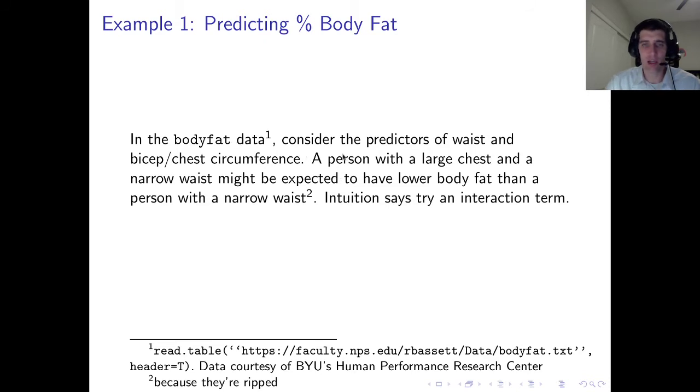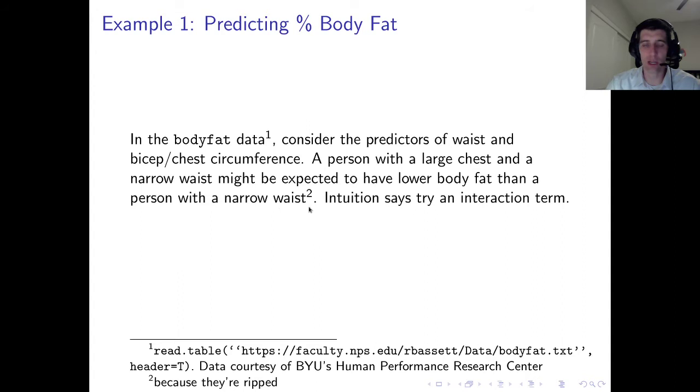And so in this context, a person with a large chest and a narrow waist, right, might be expected to have lower body fat than somebody who just had a narrow waist, right? The idea being that if you have a large chest and a narrow waist, I don't know, maybe you're ripped, right? Sort of you have this triangle-shaped chest, and you just told me somebody had a narrow waist.